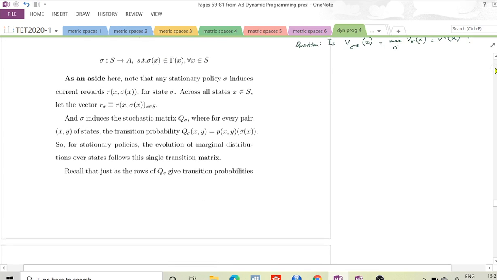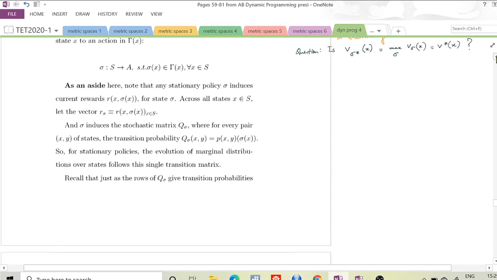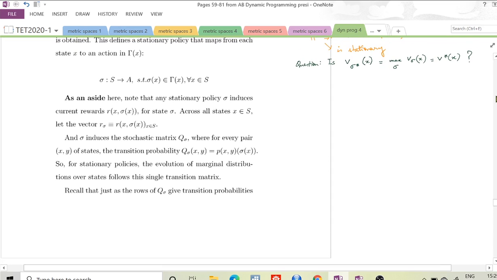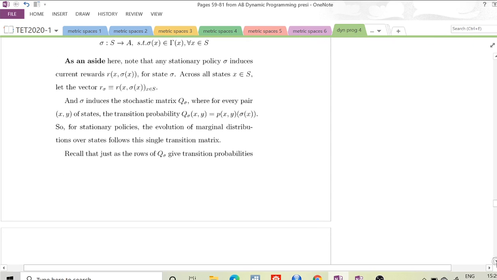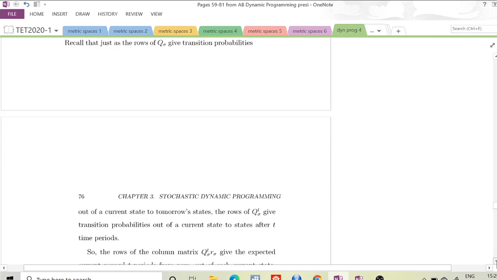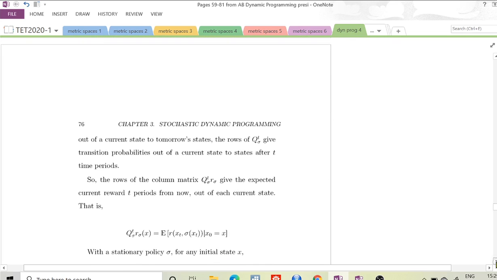And in order to see that, let's use some blank space here.